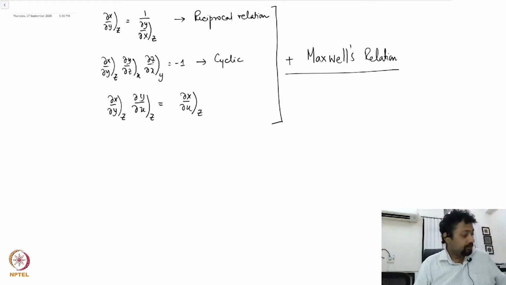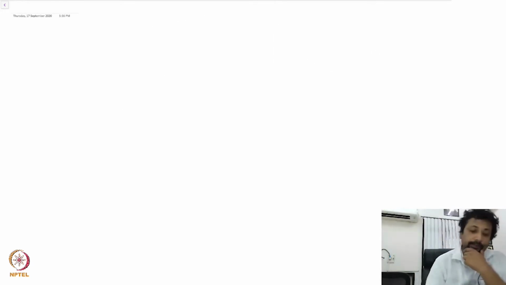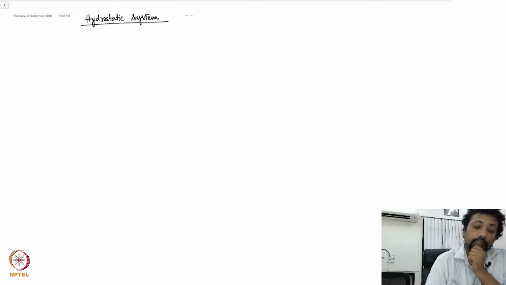Now, let's start. So for example, if I'm given for a hydrostatic system the information about T and P, it can be keeping T fixed, I change pressure.